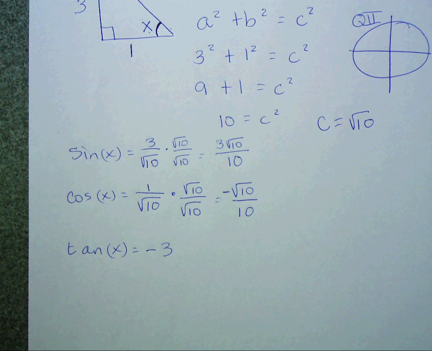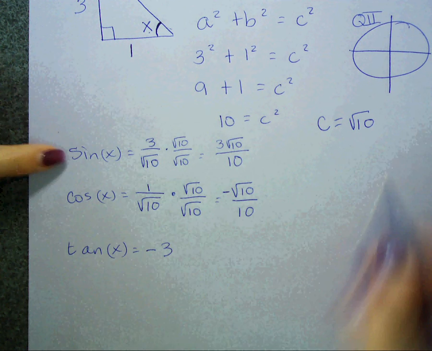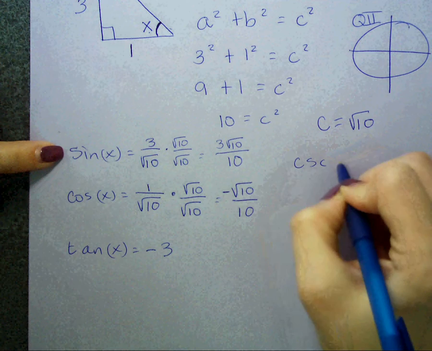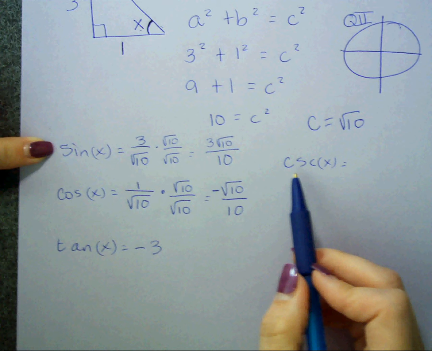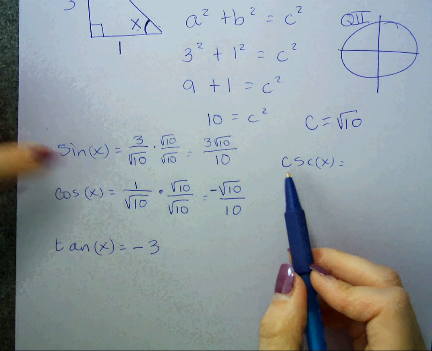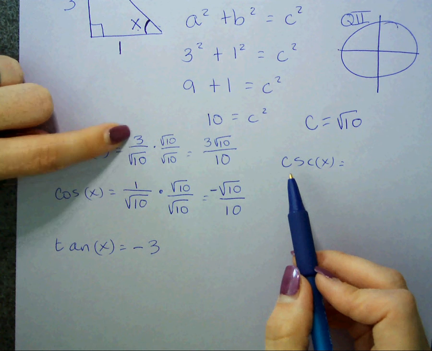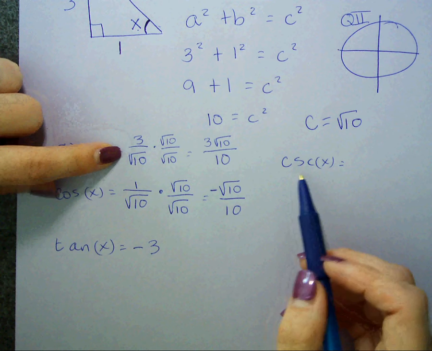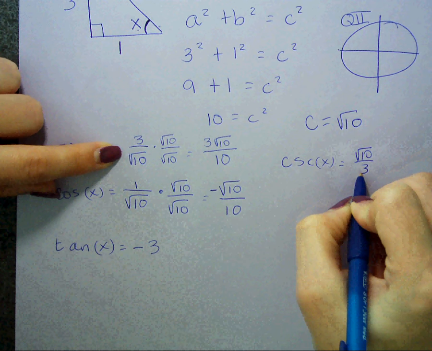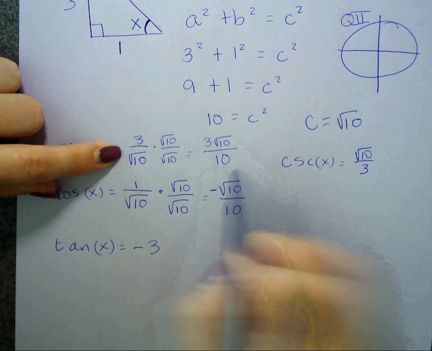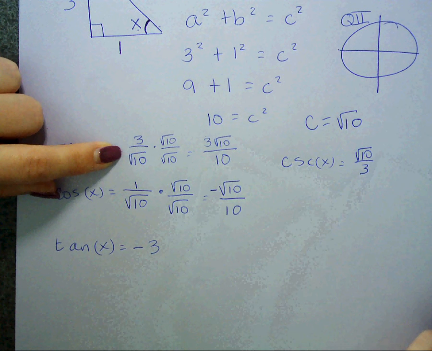The last 2 trig functions, I have cosecant of x. And remember, cosecant is just the reciprocal of sine. So I'm going to start with, before I rationalized it, 3 over the square root of 10. And I'm going to flip that over, square root of 10 over 3. We said sine was positive, so cosecant will be positive.